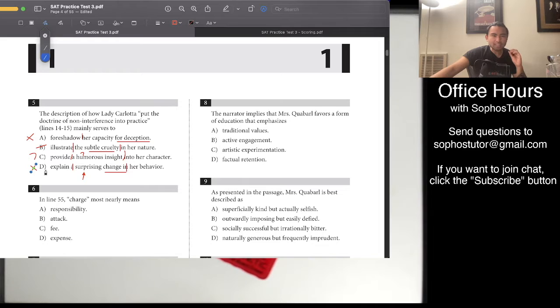If I had to choose between C and D, I don't think the writer wants us to think that this is surprising, and I don't think that Lady Carlota has this tendency to lie. So could this be seen as something kind of quirky and humorous? Yeah, not really liking the answer, but I dislike the other answers more. So we'll go with 5C.